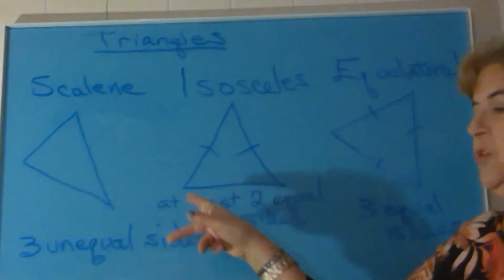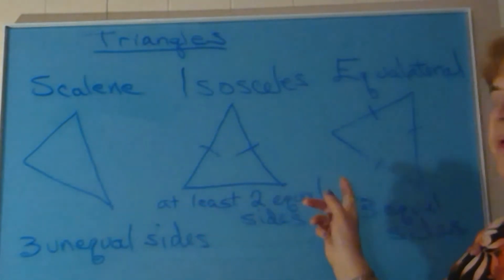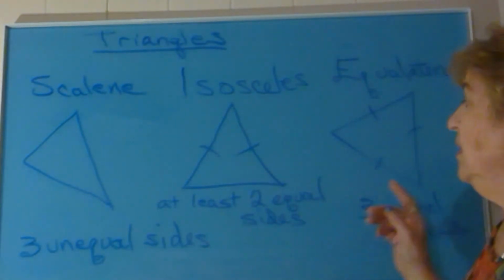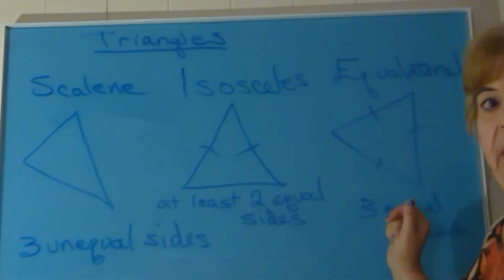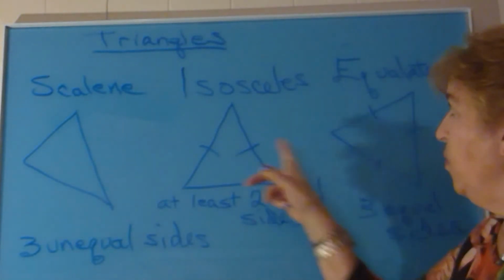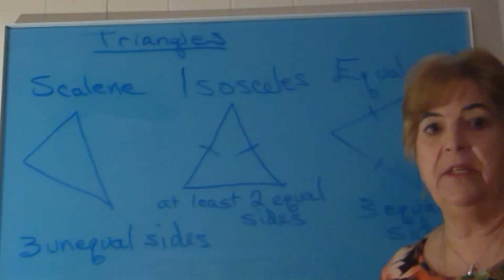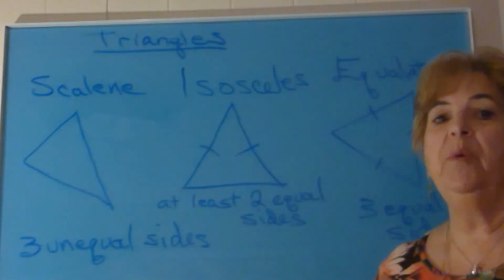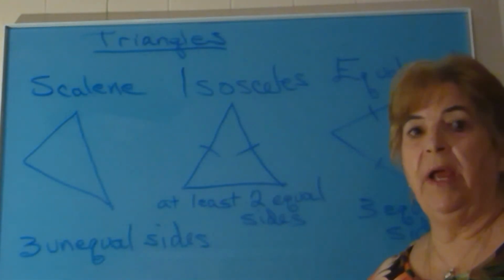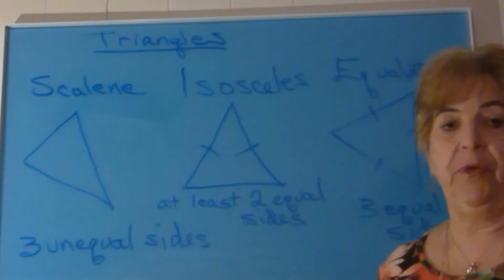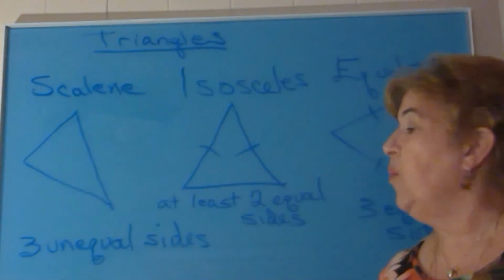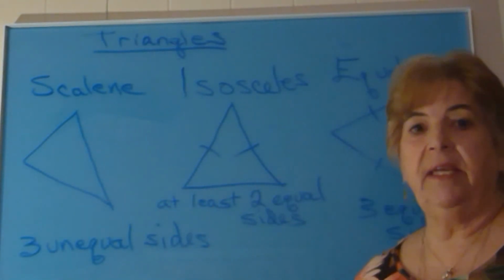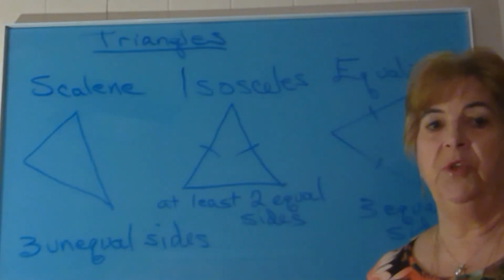An isosceles triangle says it has at least 2 equal sides, which means if it has 3, we call it an equilateral triangle, but it also qualifies as an isosceles triangle. Often when we're working with an isosceles triangle, we don't know what the third side is, and we don't know if it's equal or not. So that's why an isosceles has at least 2 equal sides.